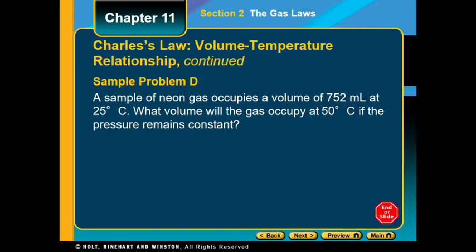This one's going to work with volume and temperature, so pressure and mass are constant. First volume given, so that is V1. This temperature given is T1. And then it says at what volume, so we'll be solving for V2, and that is the second temperature given.